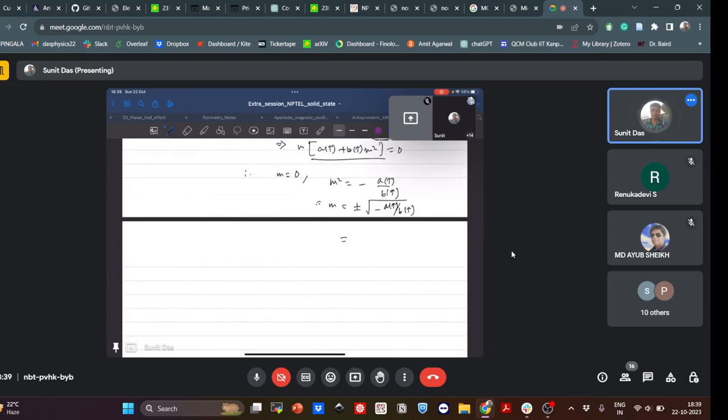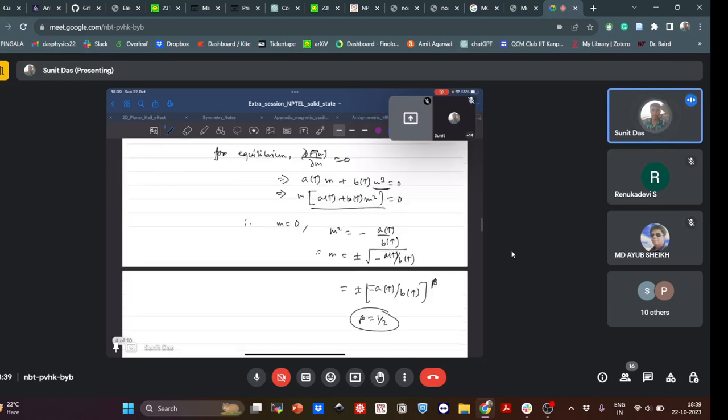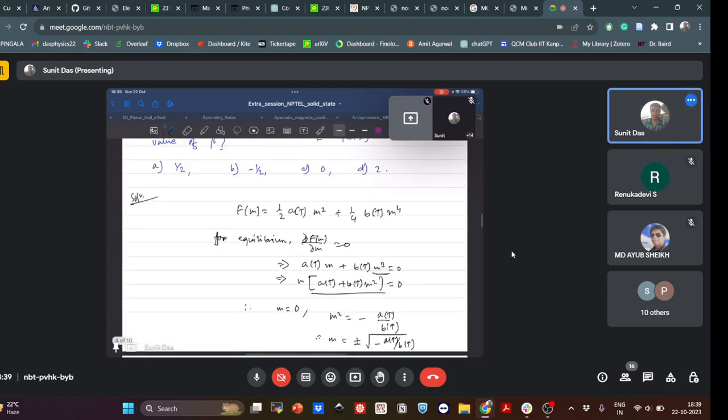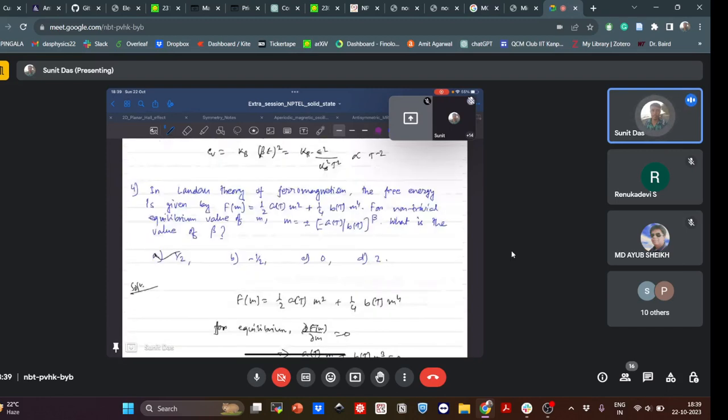So this is plus minus a of t by b of t to the power beta, where beta equal to half, right? This is the correct answer, half. This is the solution already given.